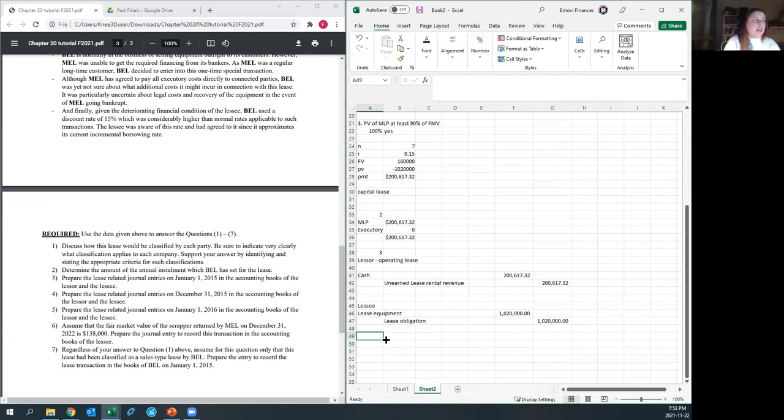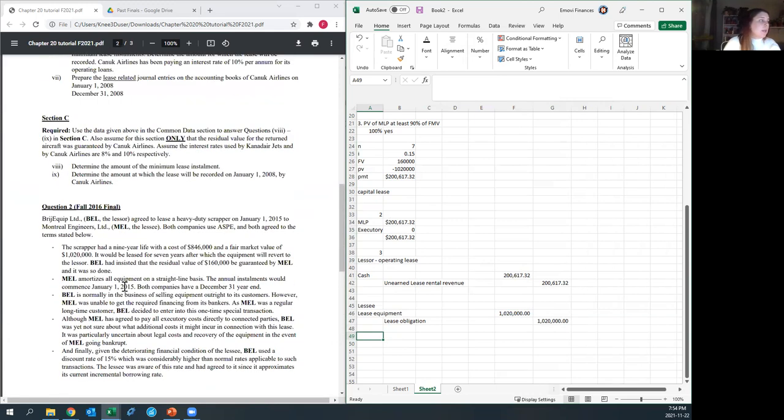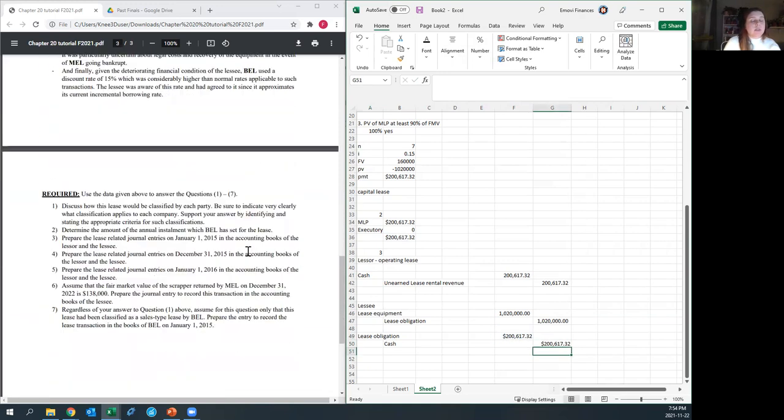So their first minimum lease payment is on January 1st, 2015. So they're going to reduce their lease obligation and pay cash of the 200,617. There's no interest expense here because a year hasn't passed, so they haven't earned any interest on their lease obligation.